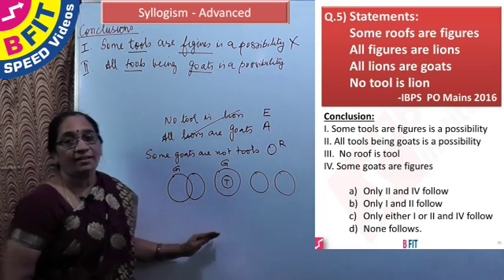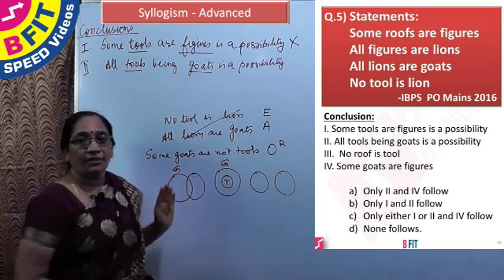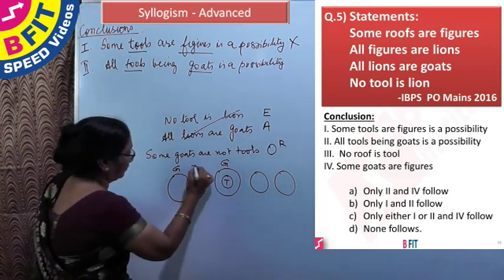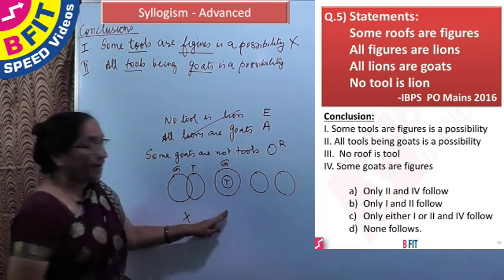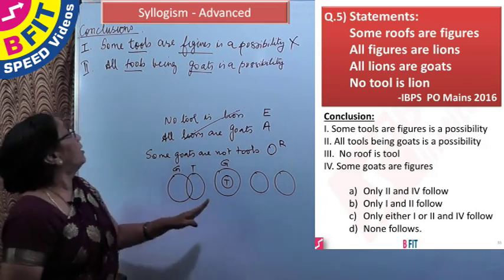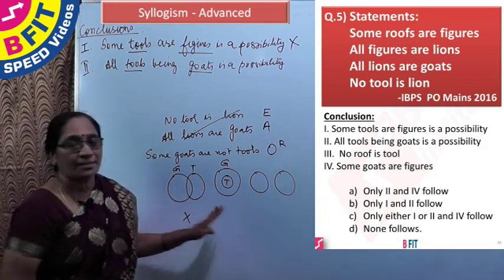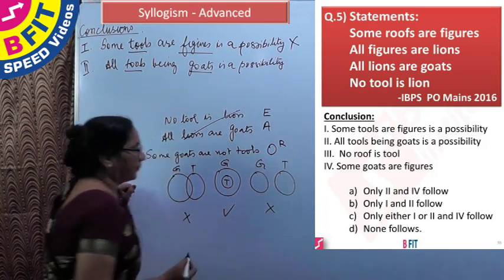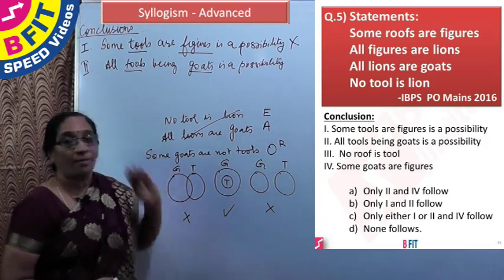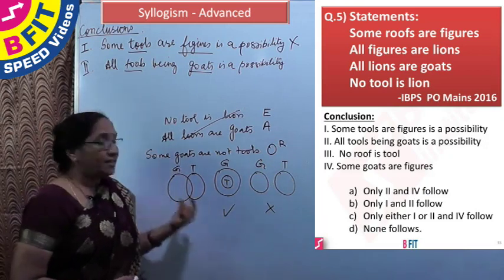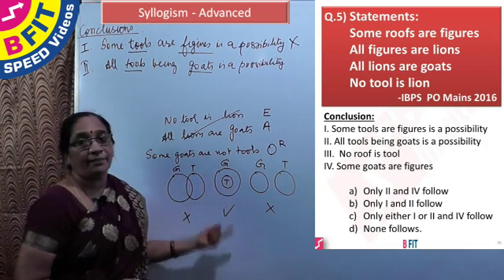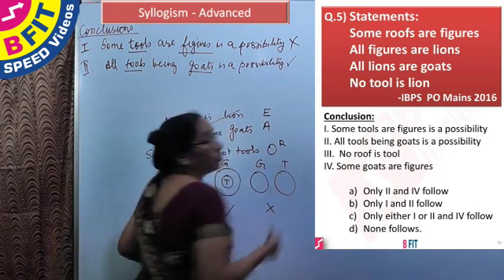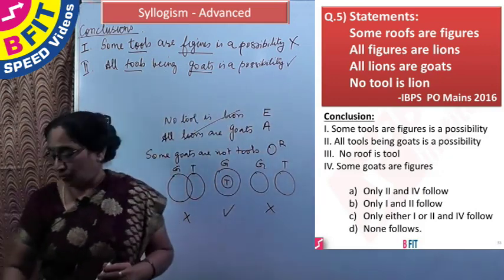Now let us check the given conclusion with the diagrams we have drawn. In the second diagram, it is possible that all tools being goats is a possibility, and hence this being a possibility case, if it is true even in one diagram, then the conclusion is true. So the second conclusion is true.